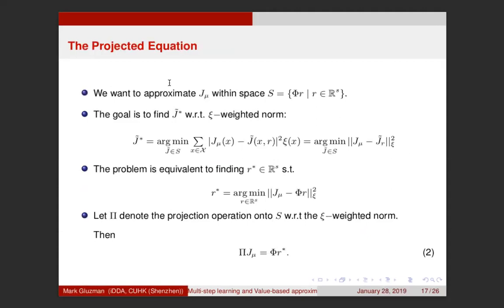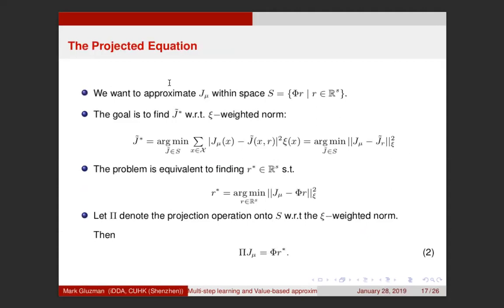Basically, we want to minimize the following norm, so that the difference between G mu and tilde G r is as small as possible according to some C weighted norm. I will tell you what the C weight is.